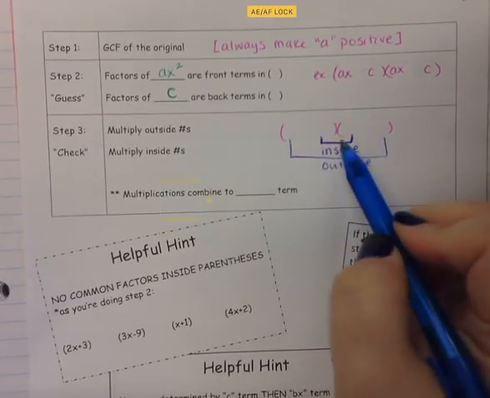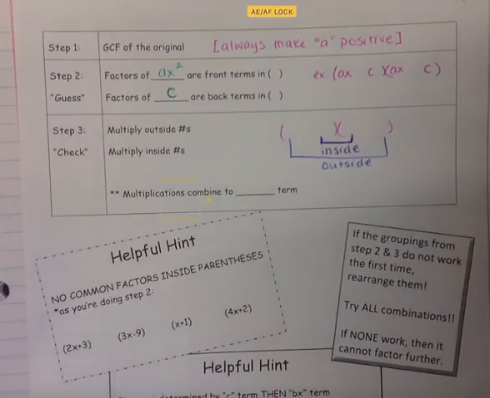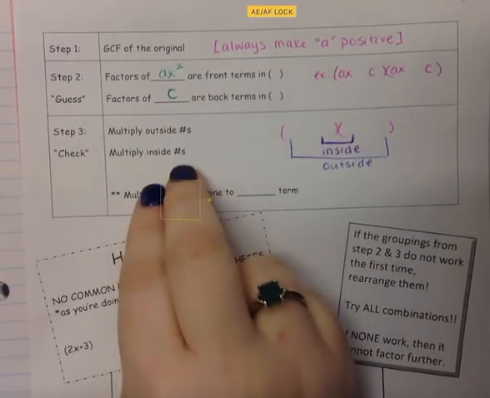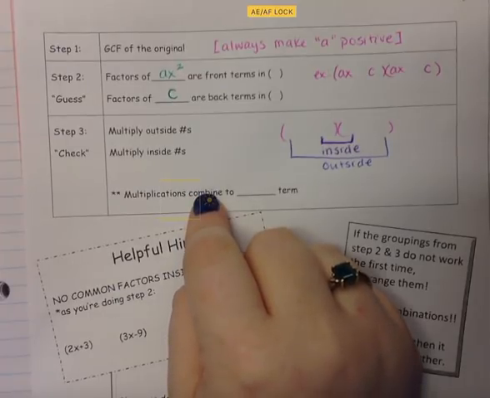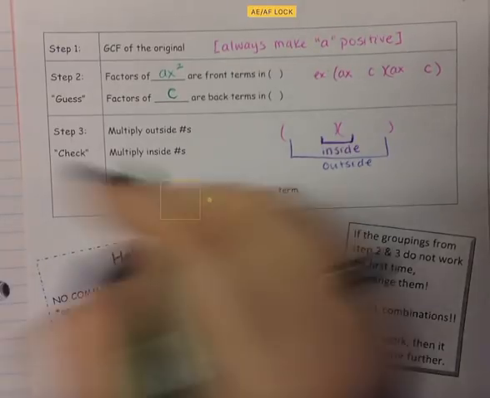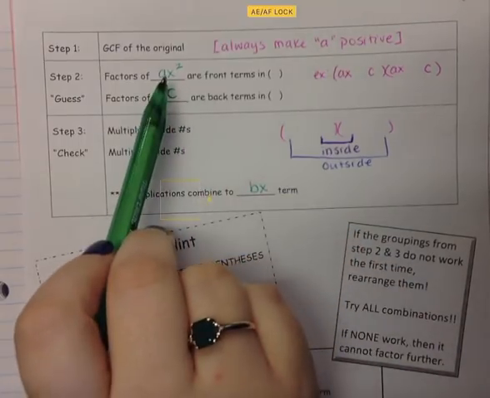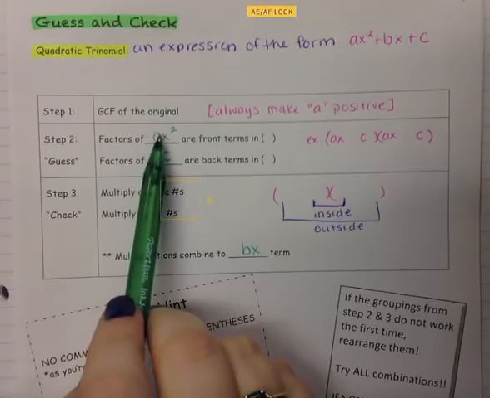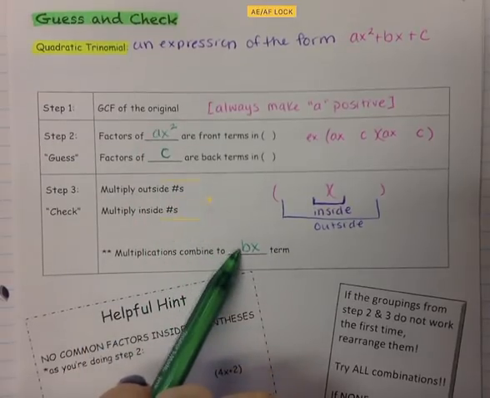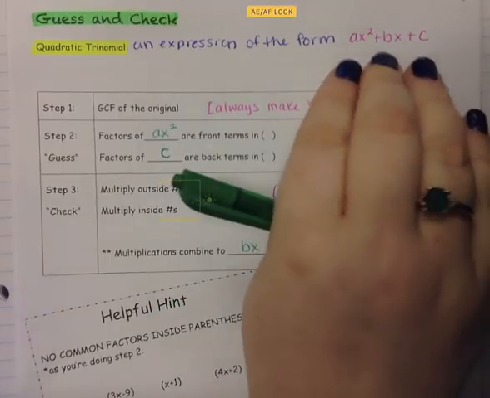You're going to multiply these two numbers, then you're going to multiply these two numbers. Now, those two multiplications that you just got should combine. They can either add together or subtract from each other, but they will combine to become the bx term. So we've used all three of the terms from up here: ax squared, bx, and c. So here's our ax squared, this is our bx, and this is our c. All of the numbers will combine somehow to get our original.